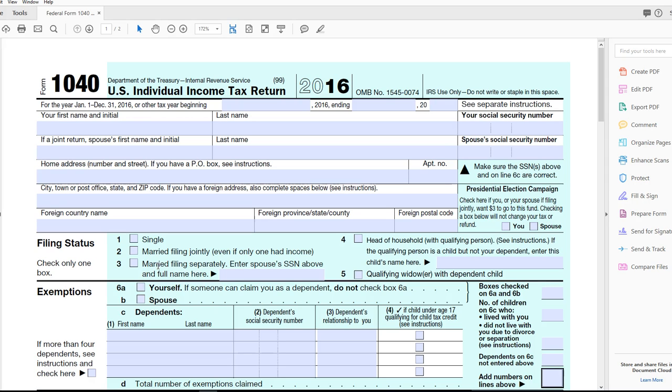So that's for people that are getting divorced and they just can't deal with getting together to file a tax return jointly, so they file it separately. So this is not something that people would choose generally unless they had no other option. Head of household is a little less taxation than single, and then a qualifying widower with a dependent child is for people who have lost their spouse.